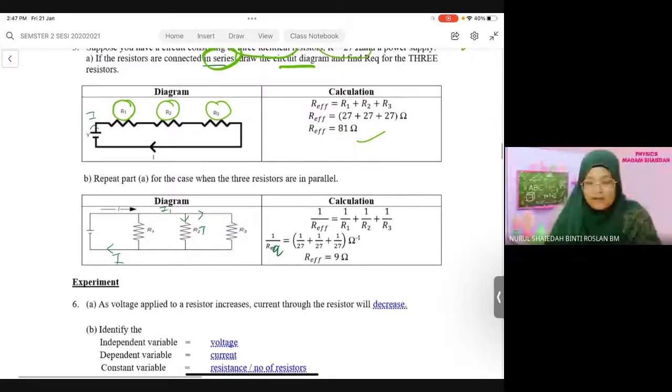Okay, part B asks to repeat but in parallel. So you draw the voltage source, then R1, R2, R3.